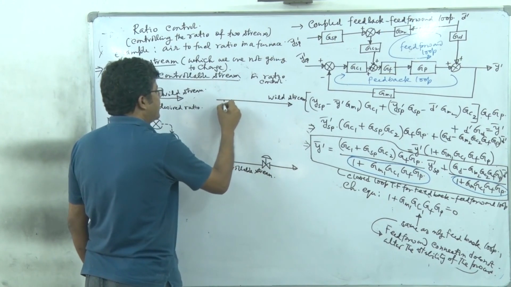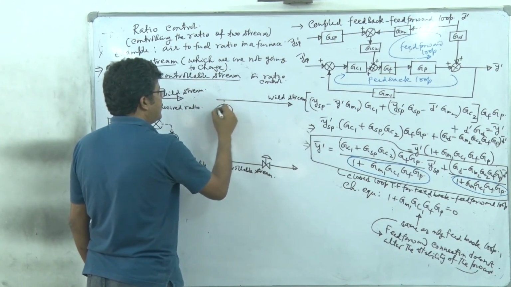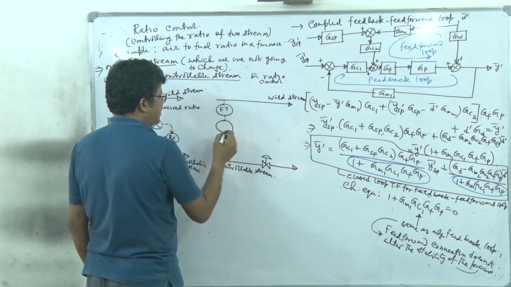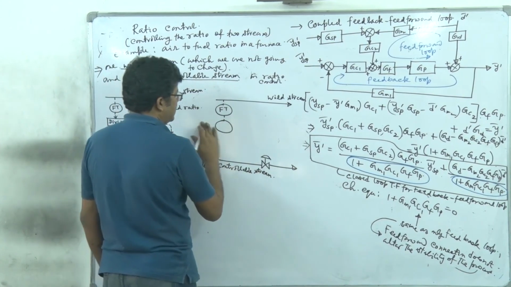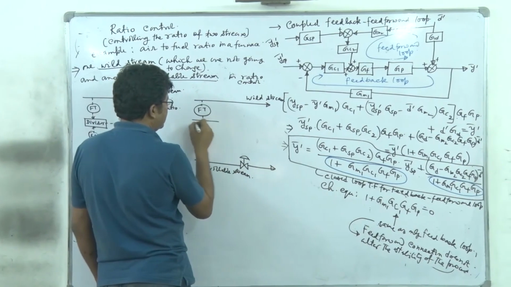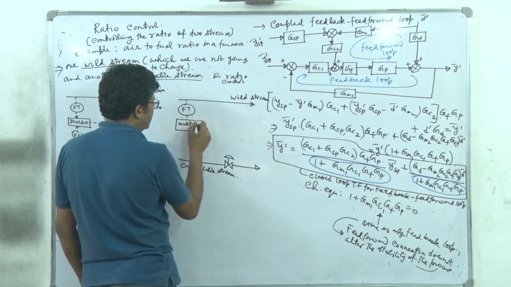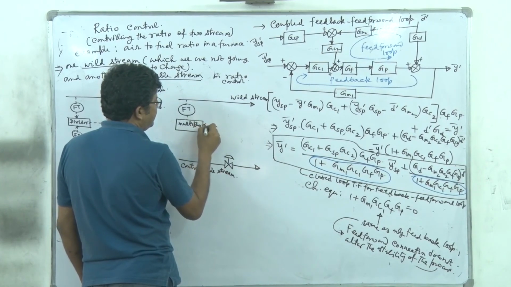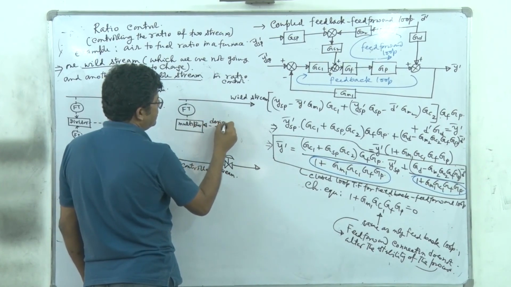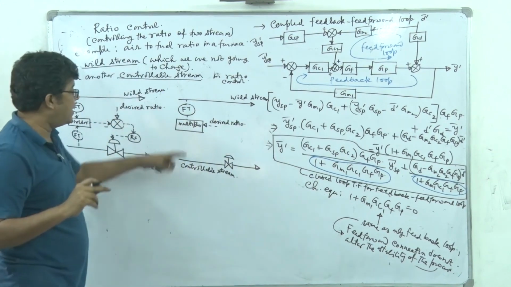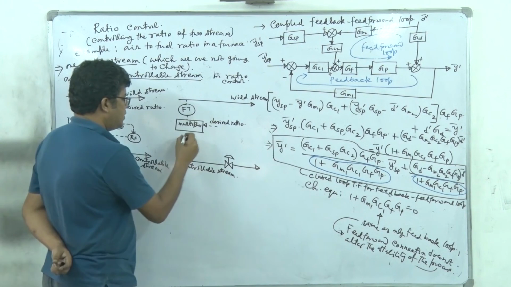Here we have the flow transmitter, then a multiplier block, where we feed the desired ratio, so that I get the desired flow rate of the controllable stream.